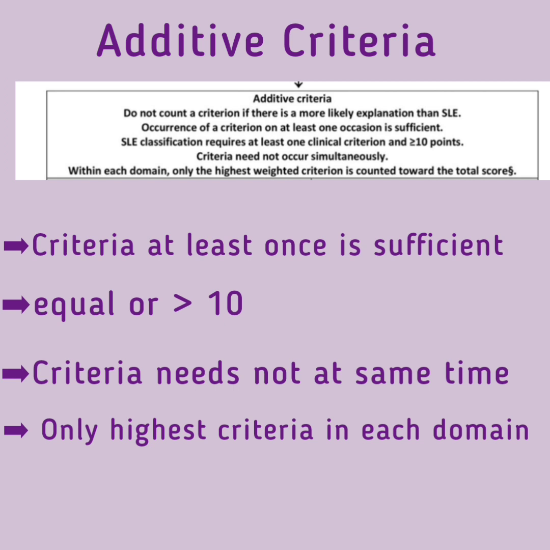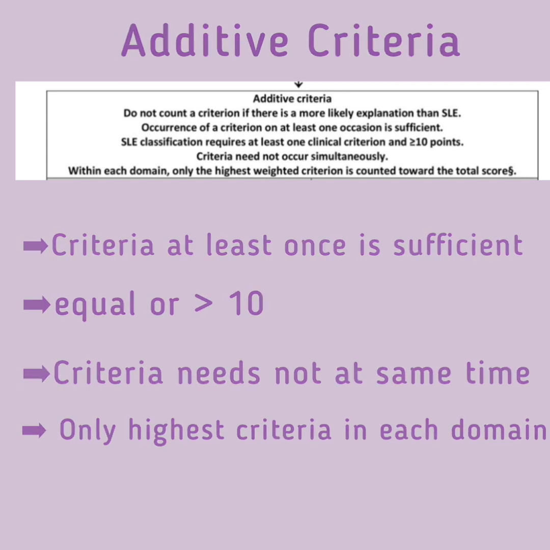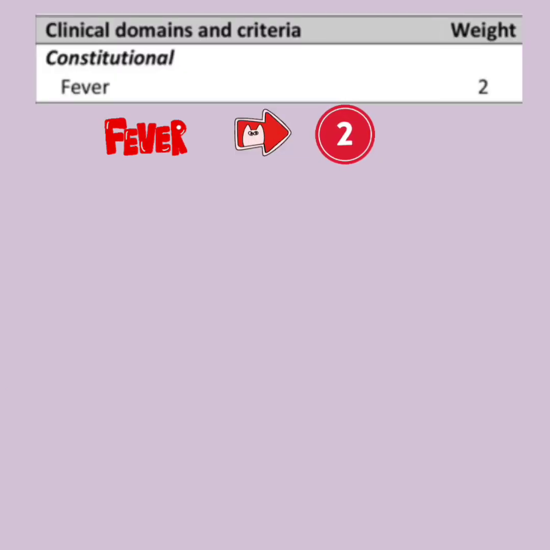It need not be at the same time, and only the highest criteria in each domain is counted. So if you have a 2 and a 3 and a 4 in one domain, only the 4 is counted. Now we come to the domains and their criteria. The first domain is the constitutional, which is fever.